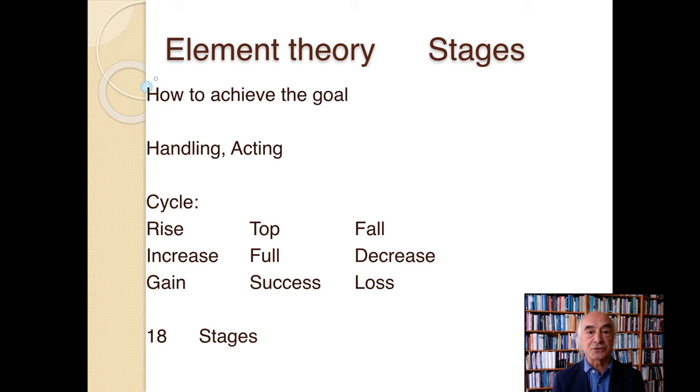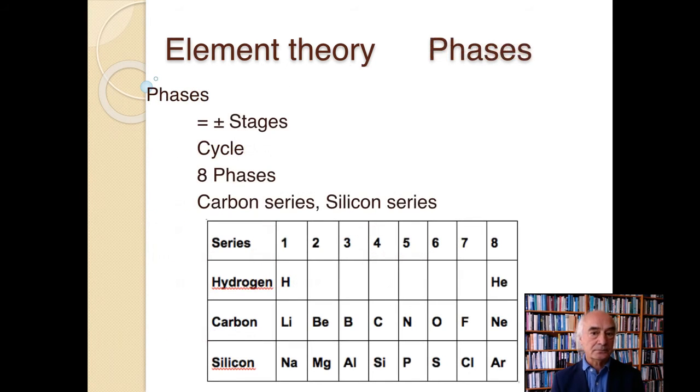Like a plant that starts growing, comes to full growth and flowering, and then after that starts declining and producing seed. It's the cycle of gaining, having success and loss. It's the cycle of life. And each stage represents a phase in that cycle. There are 18 stages, like the 18 columns in the periodic system.